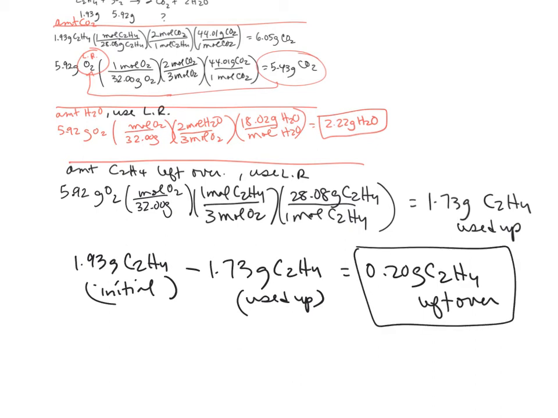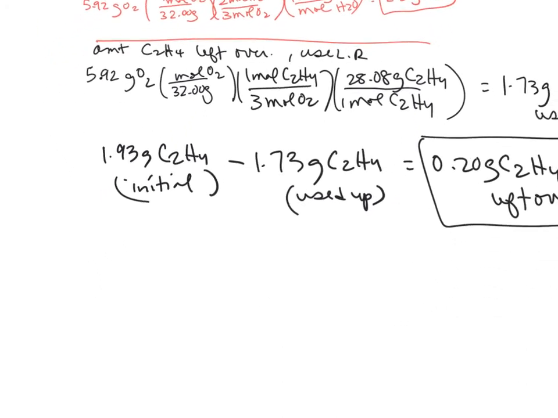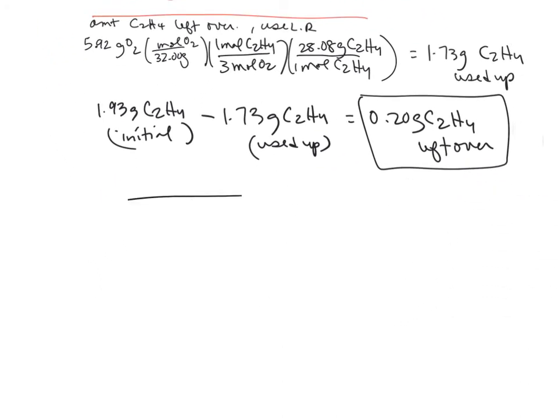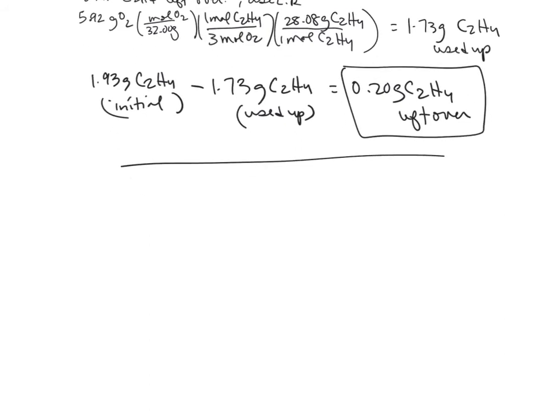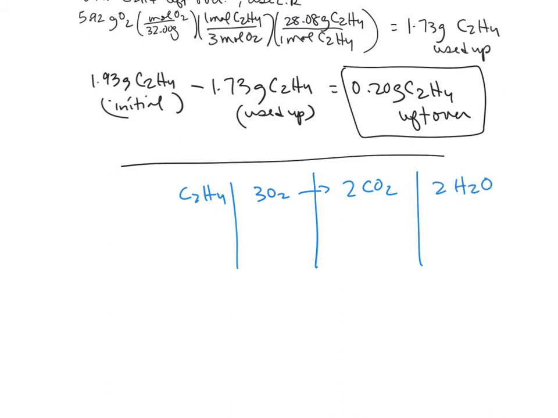All right, you can do another one of these tables to summarize everything. So let us do that. It's very interesting here. So you have C2H4 plus 3O2 forms 2 CO2s. You don't have to put the coefficients in because we're not focused on that. You can just list them: C2H4, O2, CO2, H2O.